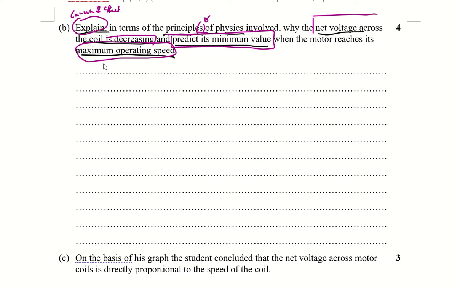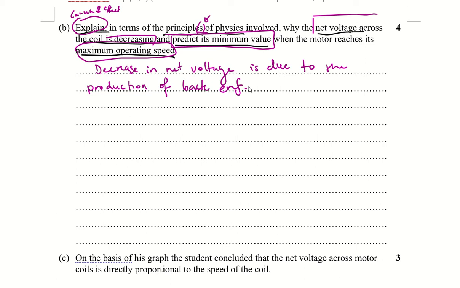Why does the net voltage decrease? So the decrease in net voltage is due to the production of back EMF. Okay, so that identifies what's happening here.